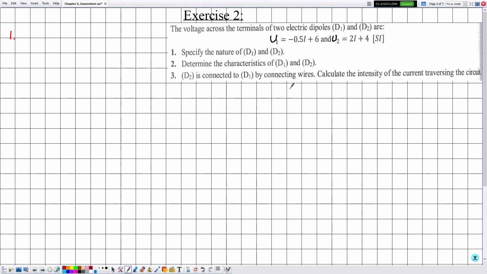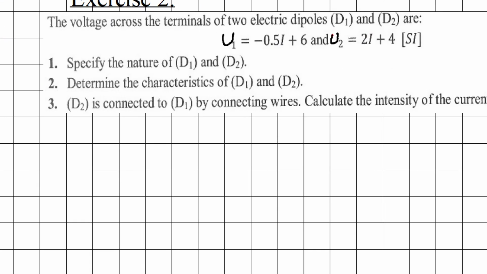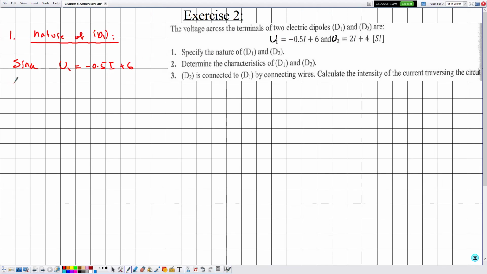Okay, so let's start with the nature of D1. Since U1 is equal to minus 0.5I plus 6, here we have a minus sign, which verifies the general form given by U is equal to E minus Ri.